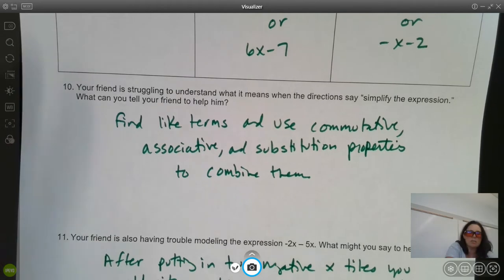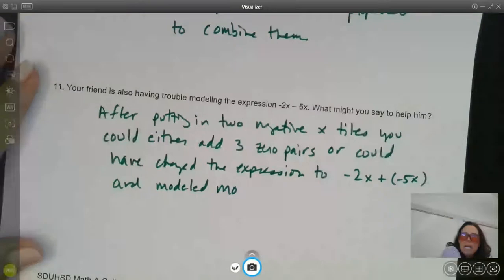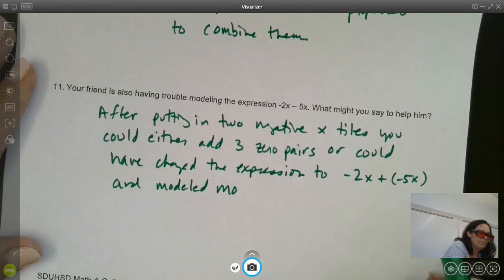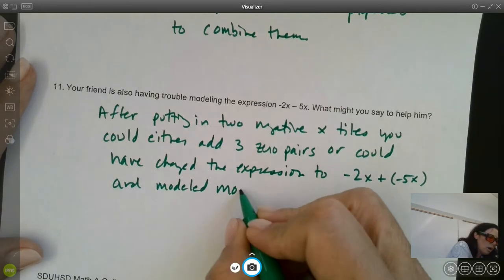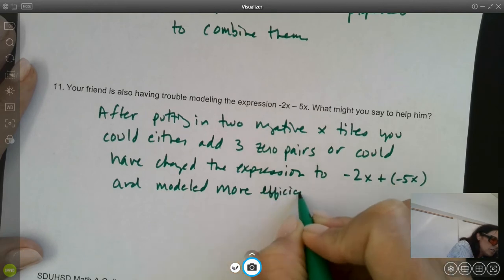Sorry guys, I'm off the page again. After putting in 2 negative x tiles, you could either add 3 zero pairs or change the expression to negative 2x plus negative 5x and model it more efficiently.